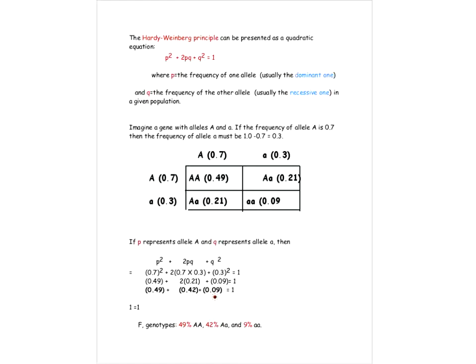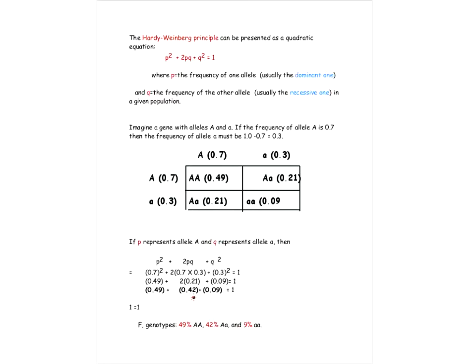What those probabilities actually mean is that the probability of getting AA, in other words 2 dominant alleles, is 49%, and we get that from the 0.49. So that's what p squared actually means: the probability of getting both dominant alleles. And q squared is the probability of both recessive alleles, and we see that's 9%.